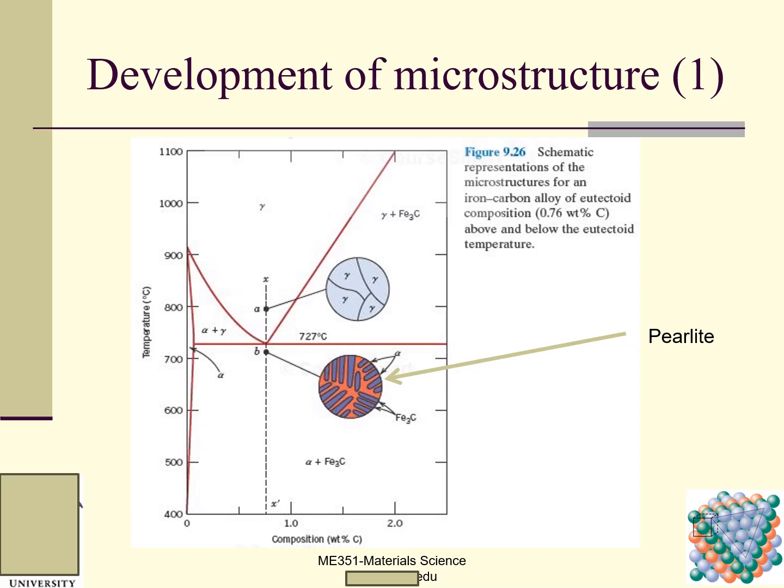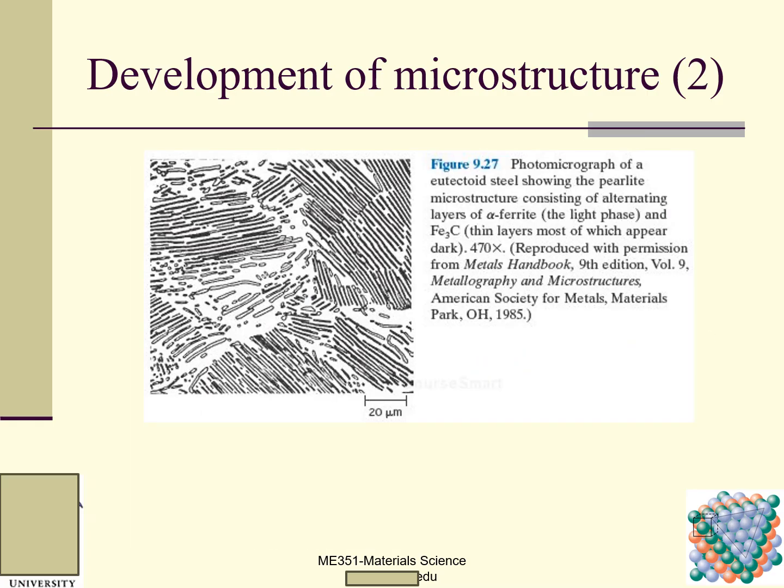You can see these are gamma grains and these are the grain boundaries. Here is a photomicrograph of eutectoid steel showing the pearlite microstructure, consisting of alternating layers of alpha ferrite, the light phase, along with thin layers of cementite, most of which appear dark. This is from the Metals Handbook.